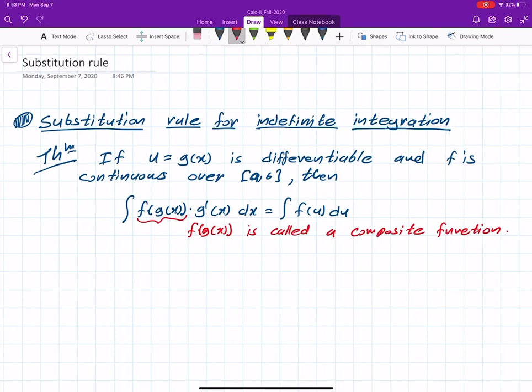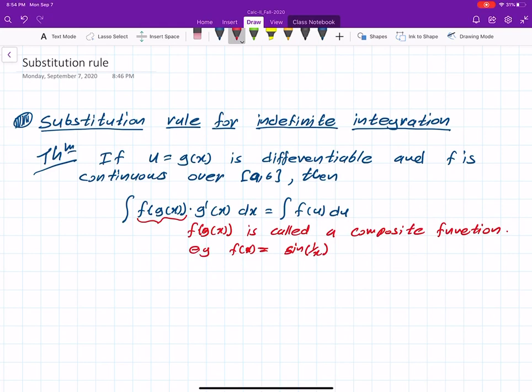As an example, if you consider f of x equals sine of 1 over x, somebody can consider this as a composite function. This has one function inside another function.